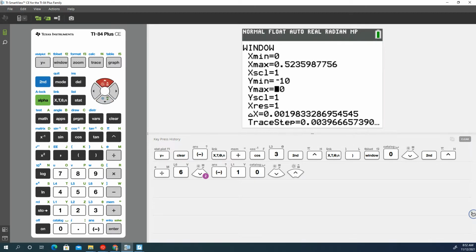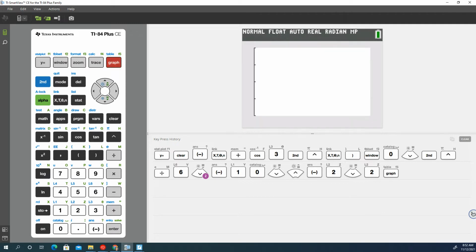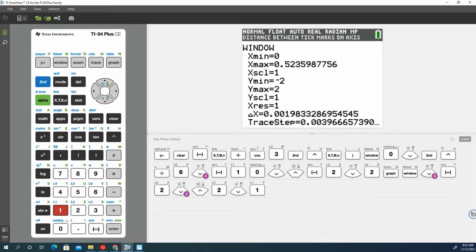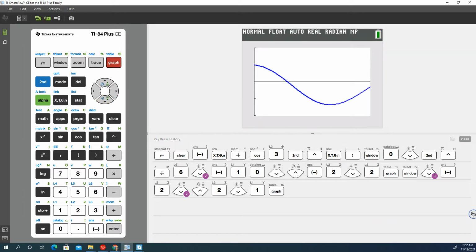So it's not going to go much over 1 or negative 1. So let's just do negative 2 to 2. Oops, I didn't type that in right. Negative 2 to 2. Sorry, let me get that fixed. There we go.